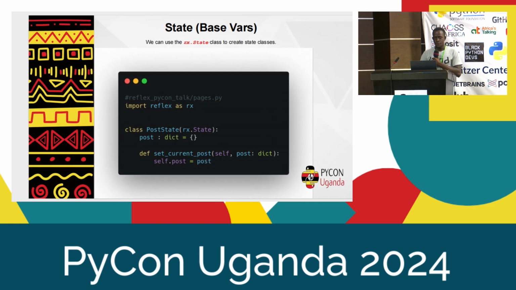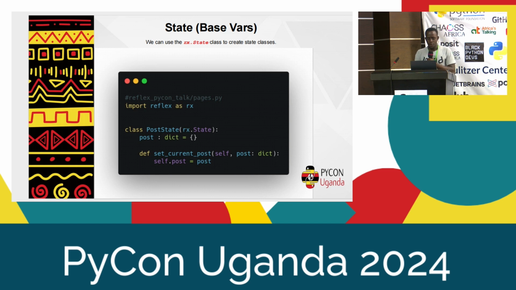Now we also have computed variables or computed vars. So these computed vars are basically dependent on others. There may be scenarios where you have state that is going to change based on, let's say, the value of another state variable. And in this case, you can create what is called a computed variable. And what it does is to basically take in the current state of a certain state variable, and then update it given what you want to do.